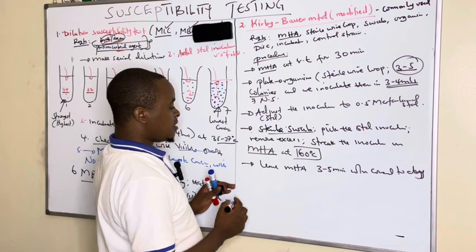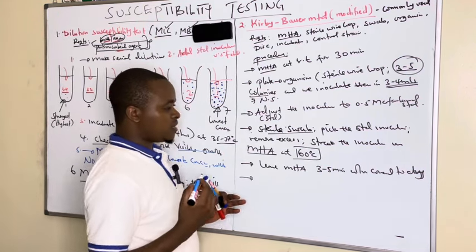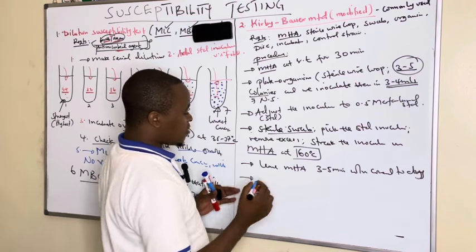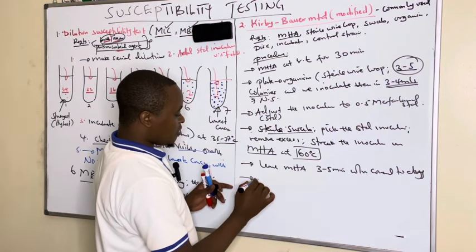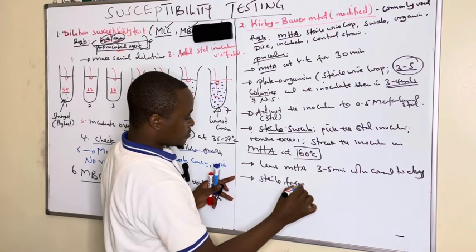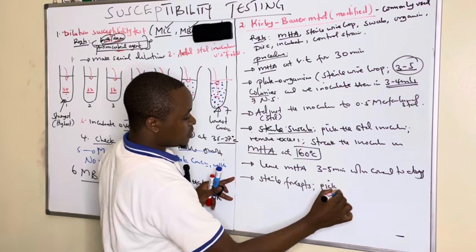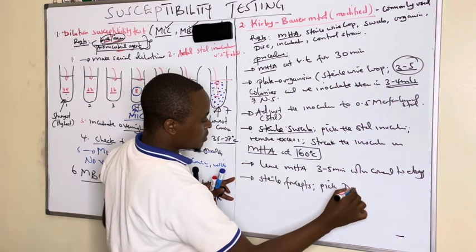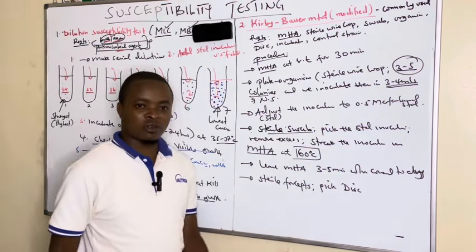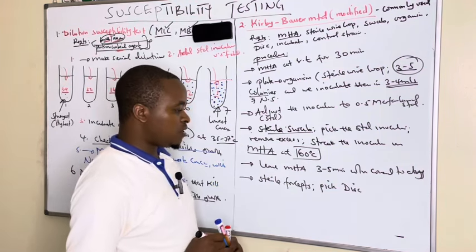And after drying, within 30 minutes, we shall get our sterile forceps. With this sterile forceps we pick the antimicrobial discs with the antimicrobial agent, and we apply them on the Muller-Hinton plate.